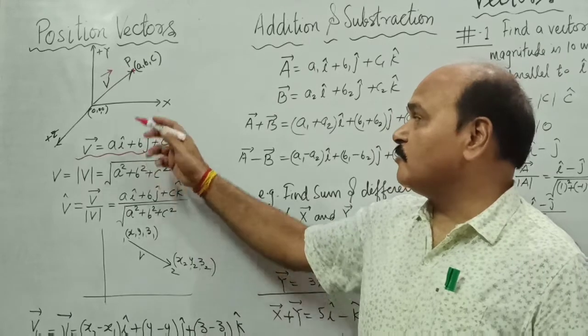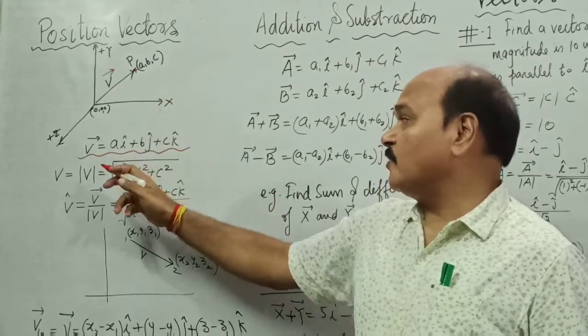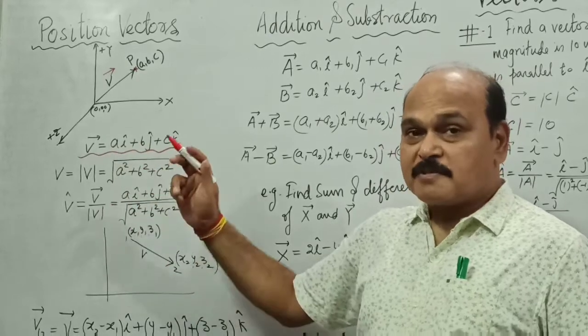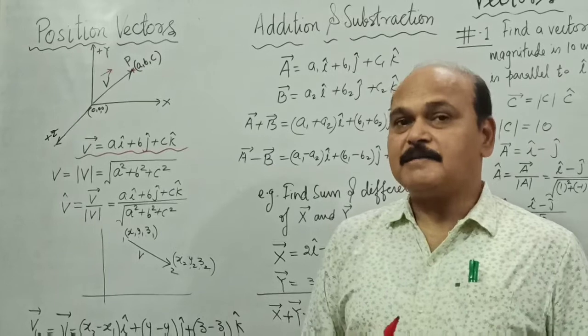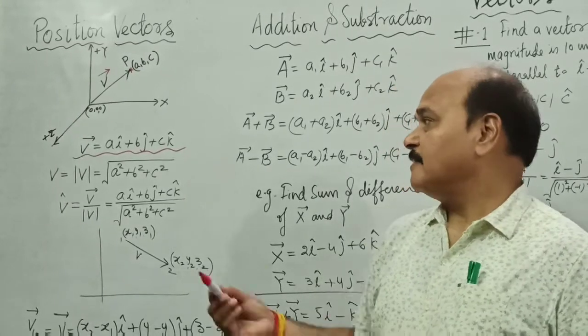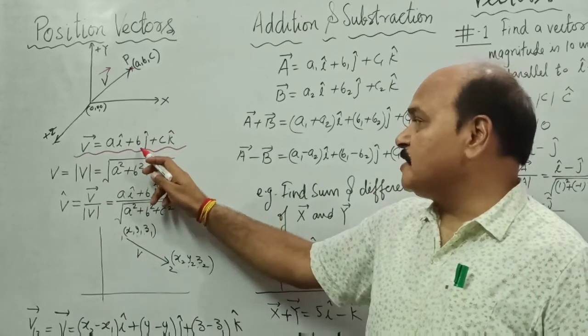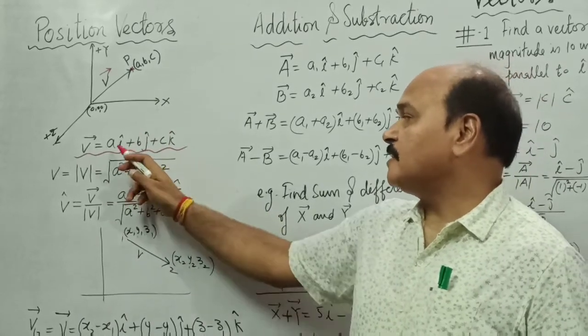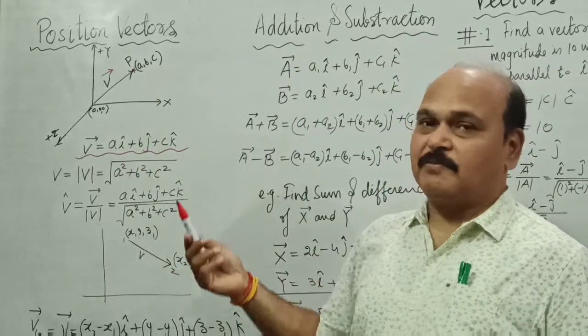As far as the magnitude of this vector, that is the length of this vector, is concerned, it is the square root of the sum of the squares of the coefficients of i, j and k. That is, V modulus is square root of A square plus B square plus C square. And what is the direction of this position vector?